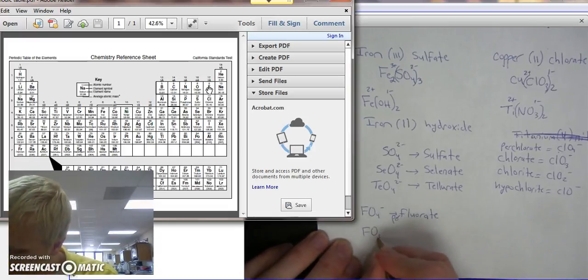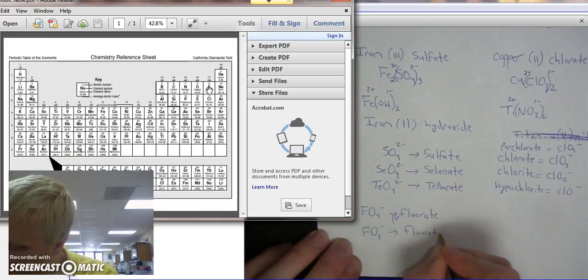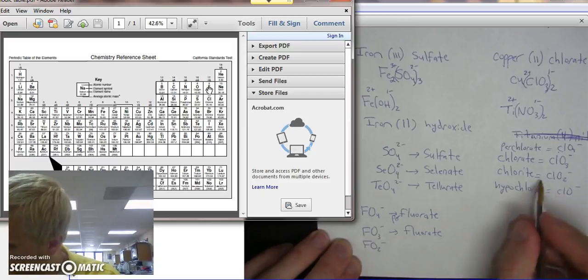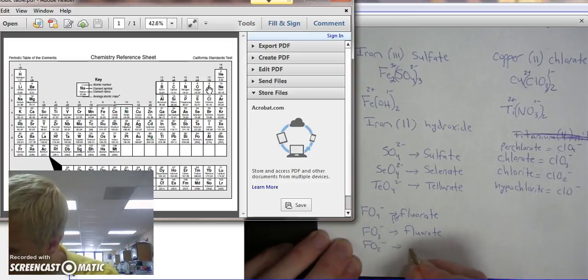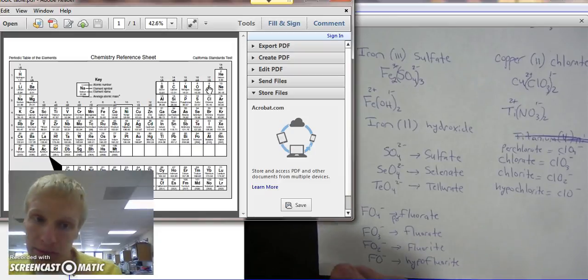If you have FO3 with a minus charge, that is fluorate. If you have FO2 with a minus charge, just like ClO2 with a minus charge, that's fluorite. And if you have FO with a minus charge, that is going to be hypofluorite. It follows a similar pattern.